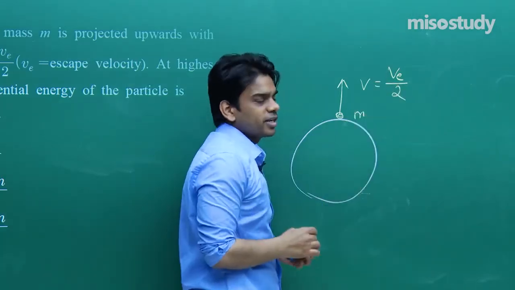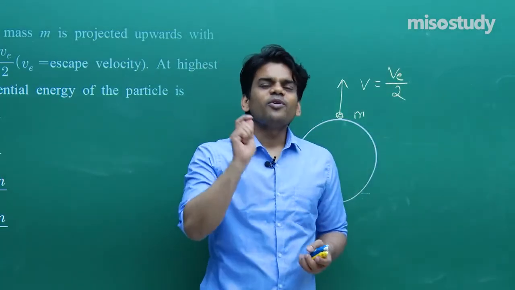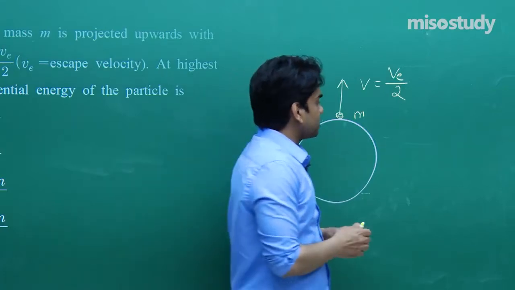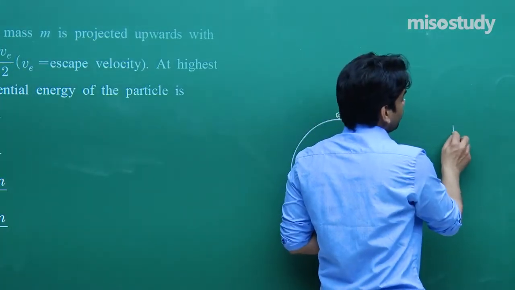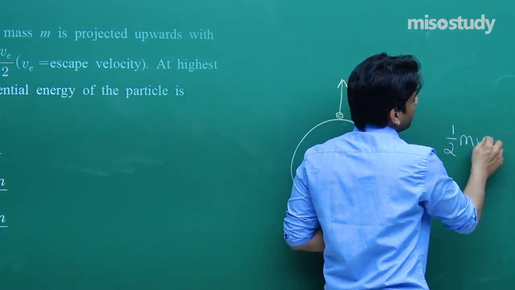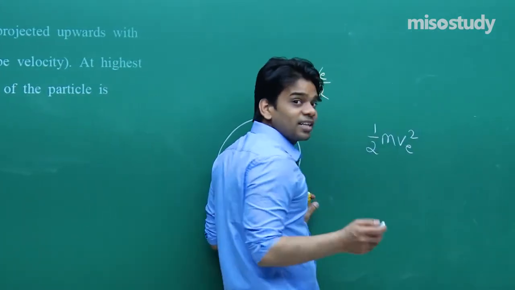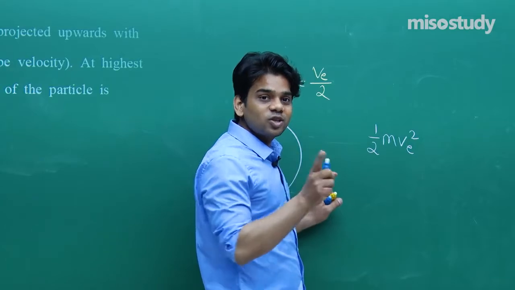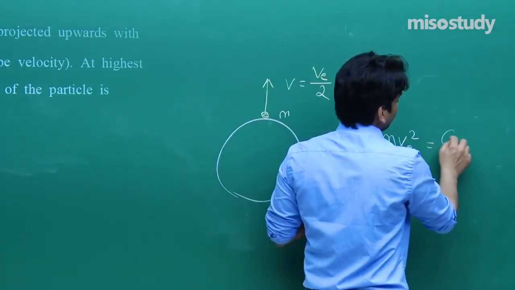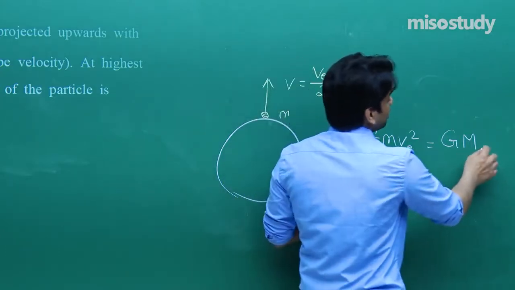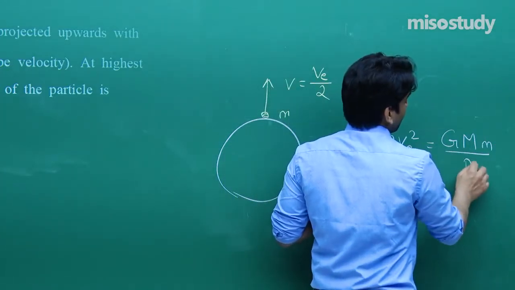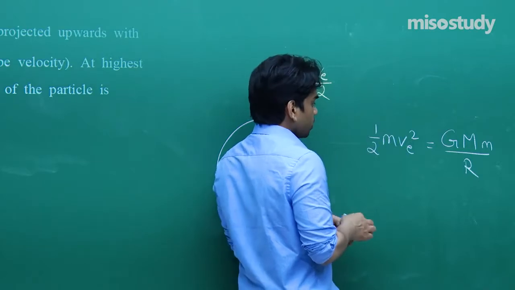Now, for escape velocity, you must know that the kinetic energy due to escape velocity, half m v_e whole square, is equal to the magnitude of the potential energy on the surface of Earth. I am not adding a negative; for magnitude I am writing GMm by R. This is what you should know.